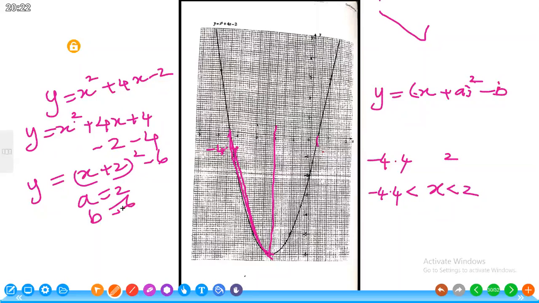Fifth one, find the positive root of the equation x squared plus 4x minus 2 is equal to 0, to the first decimal place, and thereby find the approximate value for root 6.